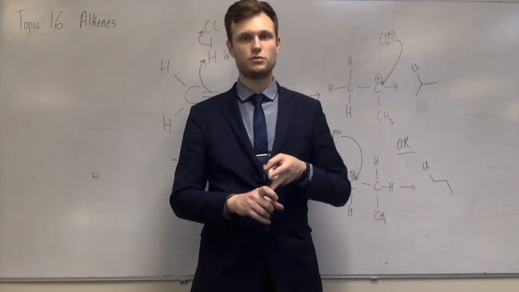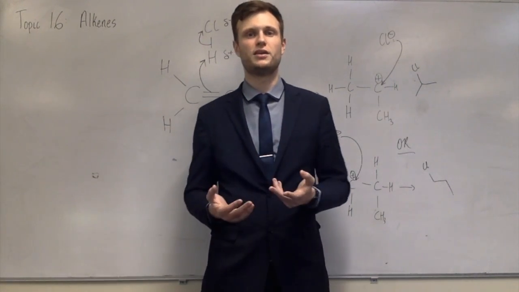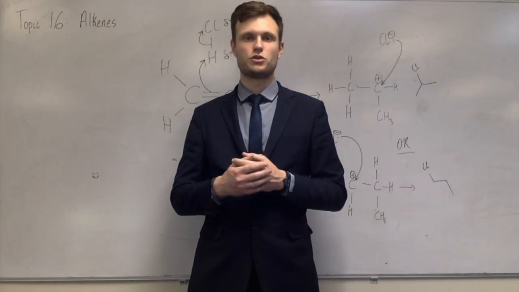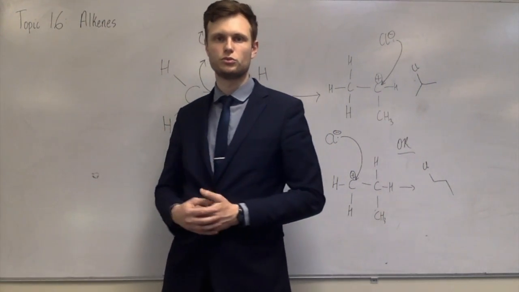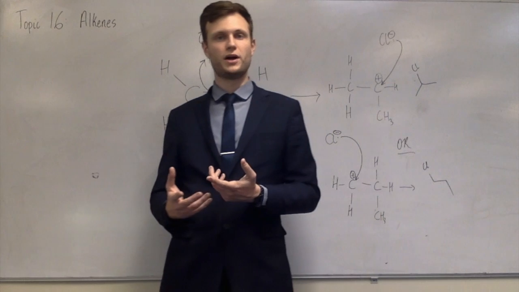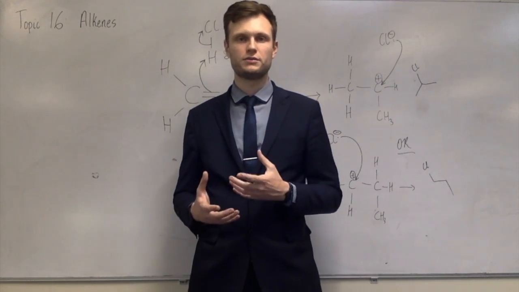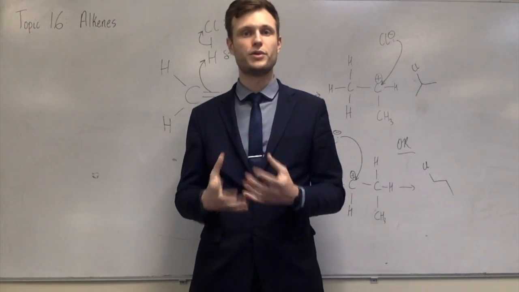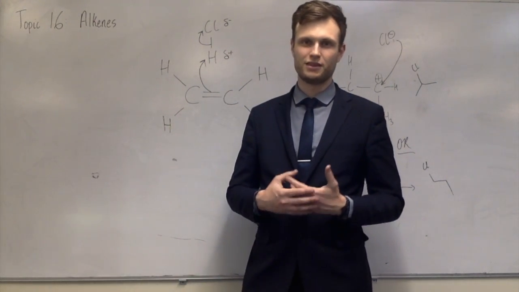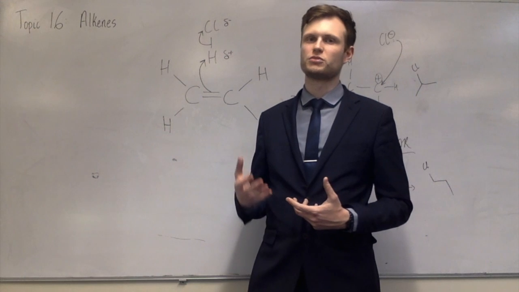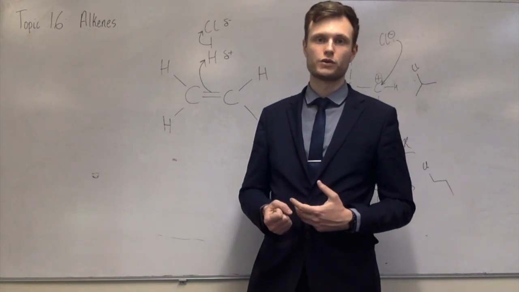Other things you can do is just burn them. If you burn polymers or waste polymers, then you can create heat energy that can be turned into electrical energy and power homes or schools or factories. But when you do burn them, if those polymers contain chlorine, like PVC, when you burn them, you create hydrogen chloride gas. And hydrogen chloride gas is a very strong acid gas because when it dissolves in water, it makes hydrochloric acid.